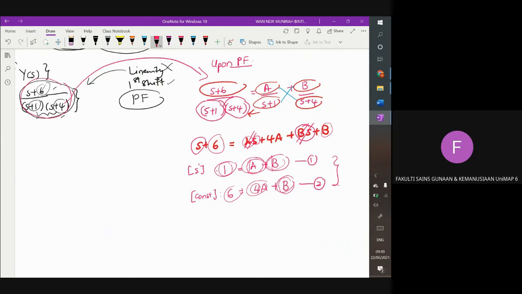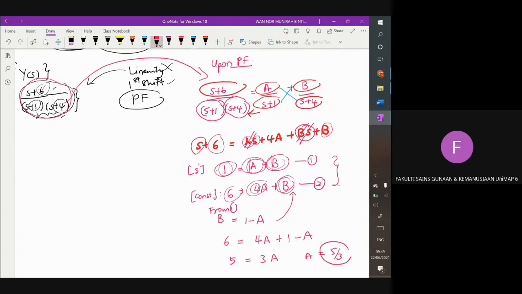Katakanlah dekat sini saya kata B, from 1, B equals to 1 minus A. So saya substitute into 2. I will have 6 equals to 4A plus 1 minus A. So I have 5 equals to 4 tolak 1, 3A. So A equals to 5 over 3.